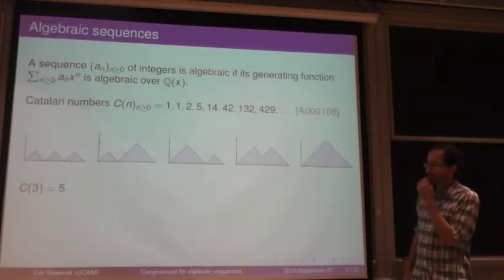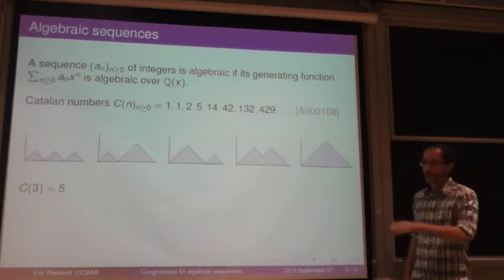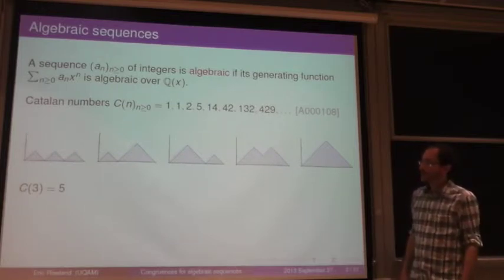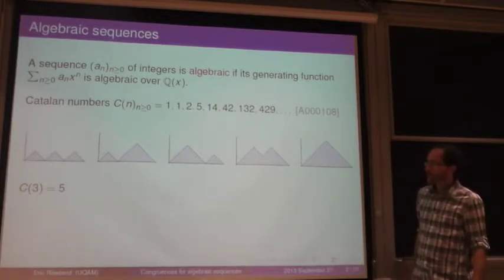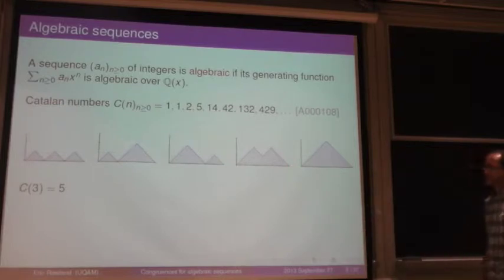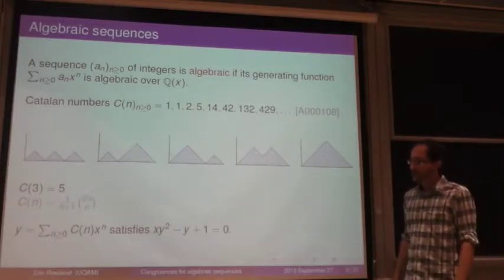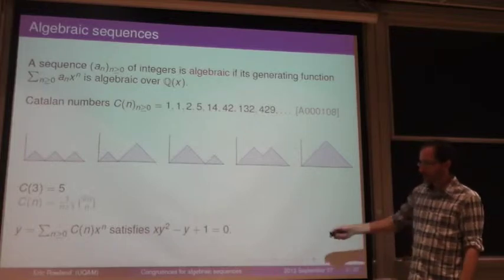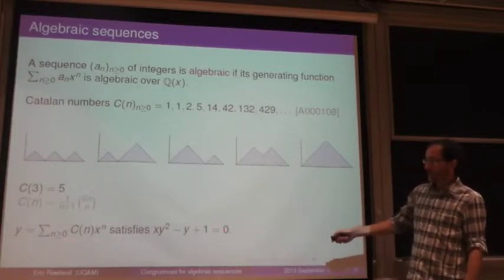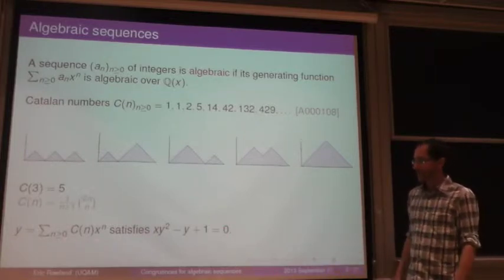And using only those two types of steps, and you never go below the x-axis. So for n equals 3, there are 5 different paths, and here they are here. And this is the sequence in general. There happens to be a closed form for the nth Catalan number in terms of binomial coefficients, but this is not really going to be relevant to us. The only relevant thing is that this generating function satisfies this algebraic equation. That's a quadratic equation.